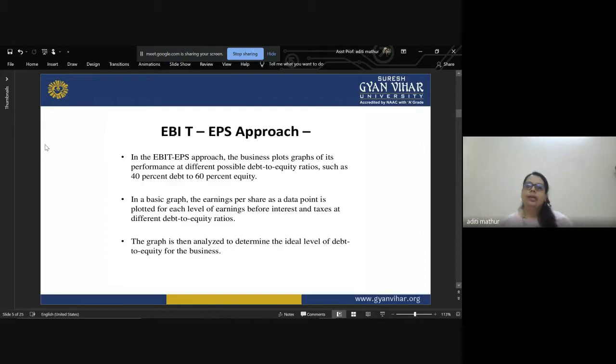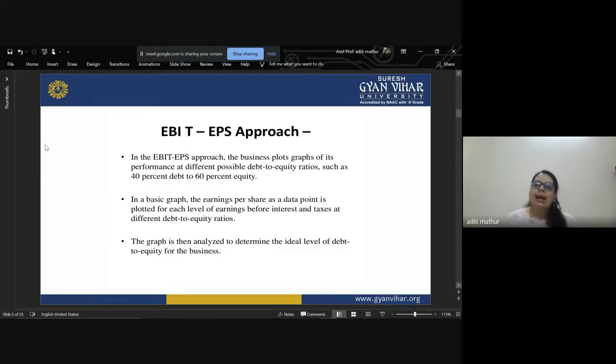There are n numbers of mixes. So they plot all of them in a graph, and then analyze the implications of each mix. We will understand how we do it when we come to the numerical part.